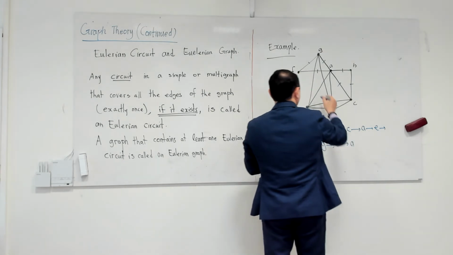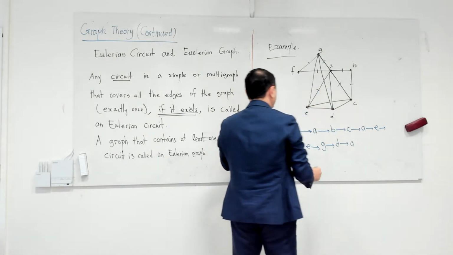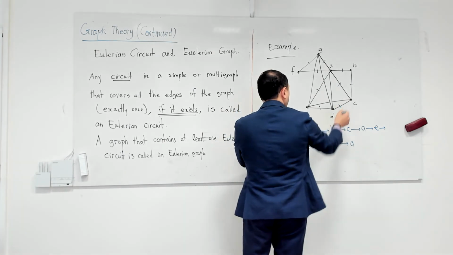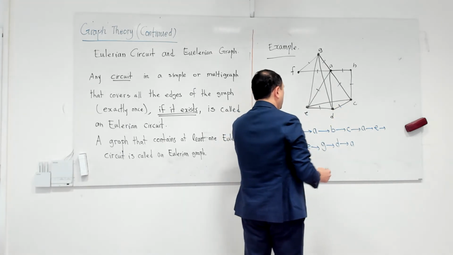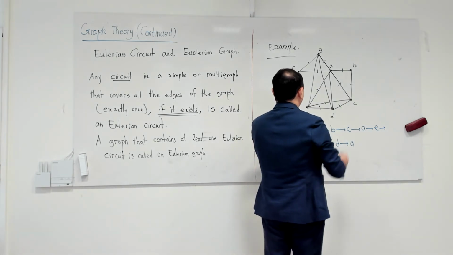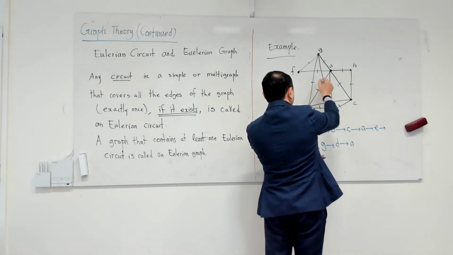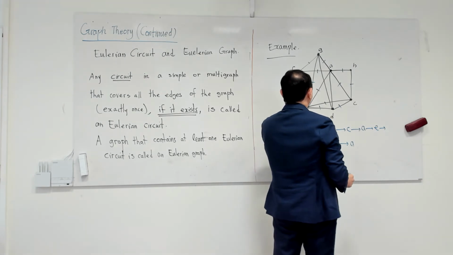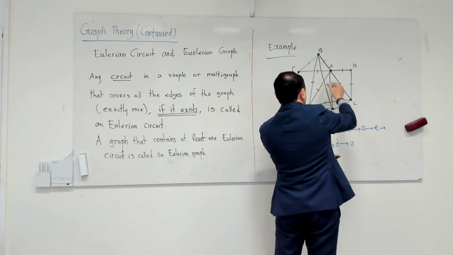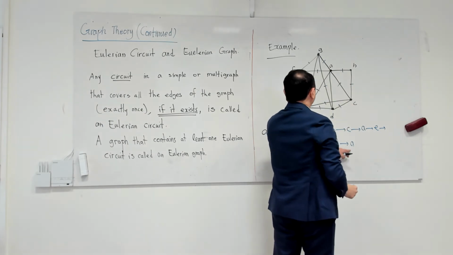A to E, this one. E to D, this one. D to C, this one, correct. E, that's also correct. G, yes, that's also correct. And D, yes, this one. And then A.